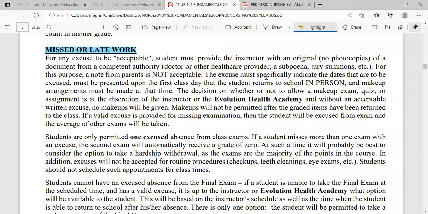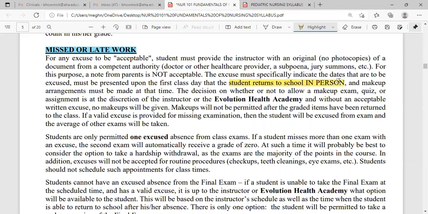Excuses must specifically indicate the date that is to be excused and must be presented upon the first day the student returned to the school in person.